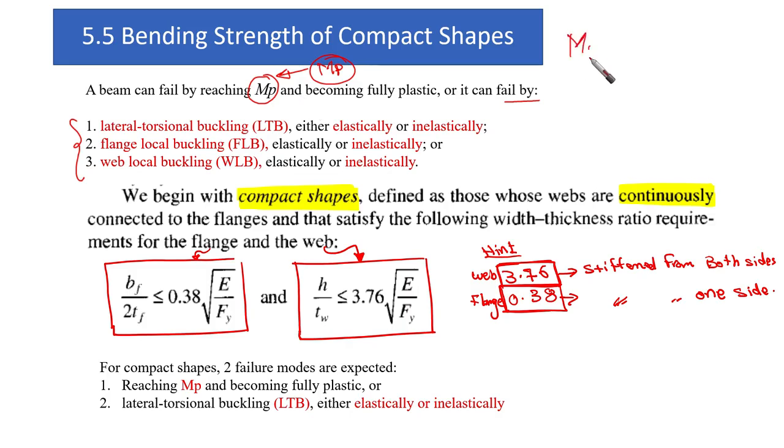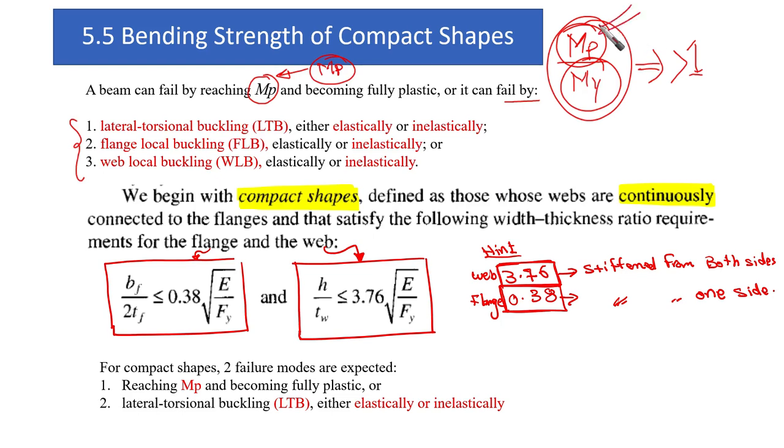MP over M yield, for most of the shapes that we are going to talk about, is going to be larger than 1. So this means that in plastic the section can provide a higher moment than the yield, if we maintain the section without local buckling, so that none of its parts experience local buckling.